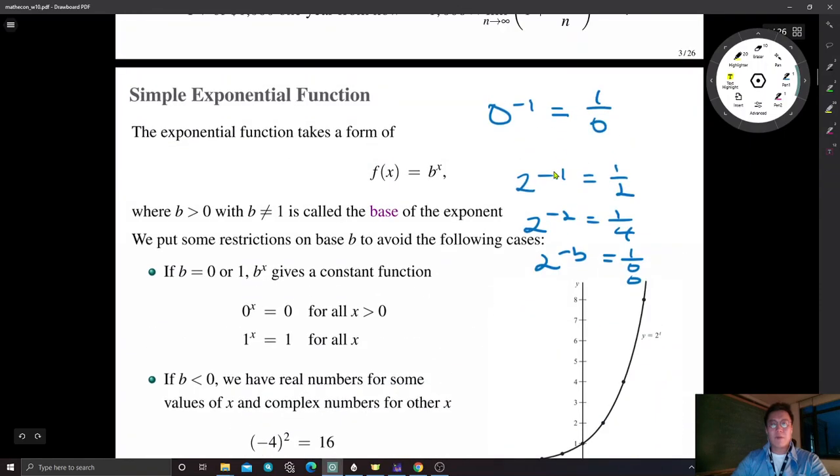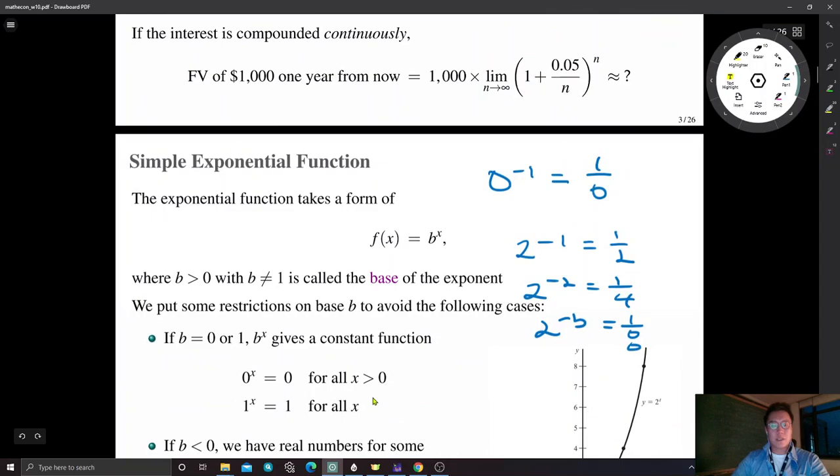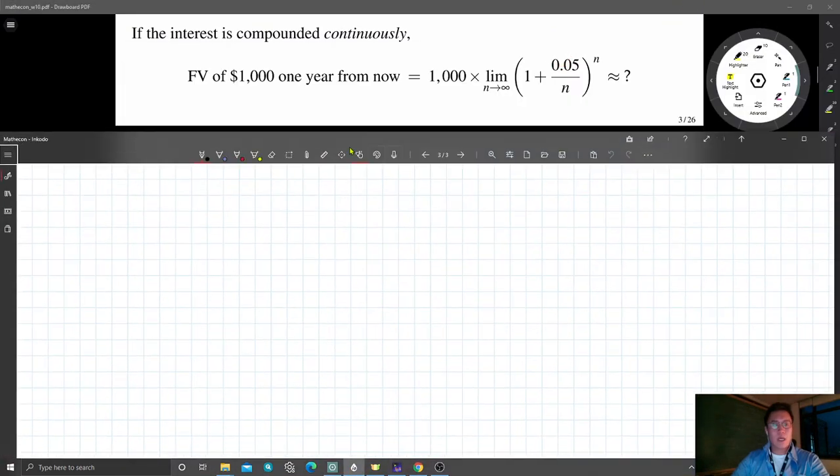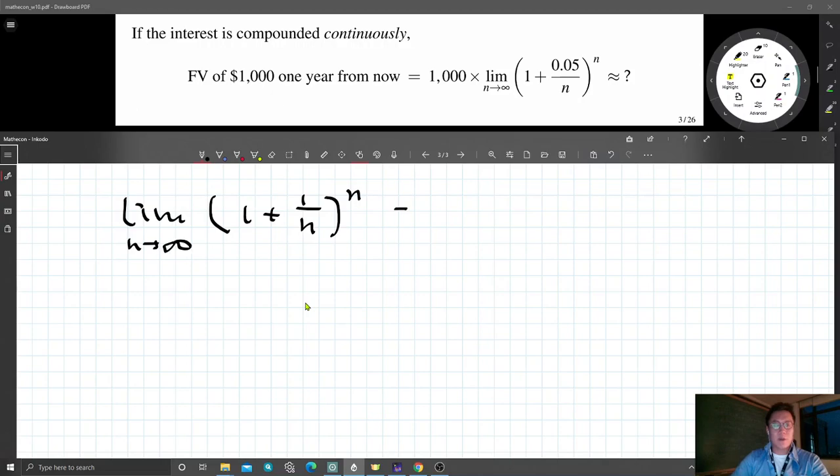But how to evaluate this limit? Because we know the limit of 1 plus 1 over n to the power n as n goes to infinity is some number e. Here we have 0.05 instead of 1.